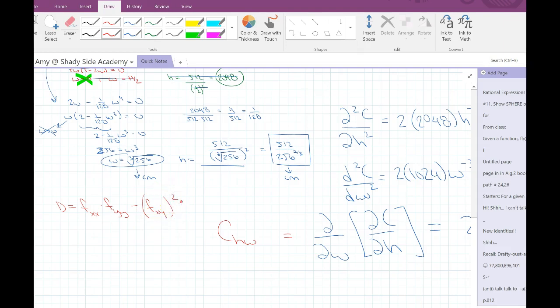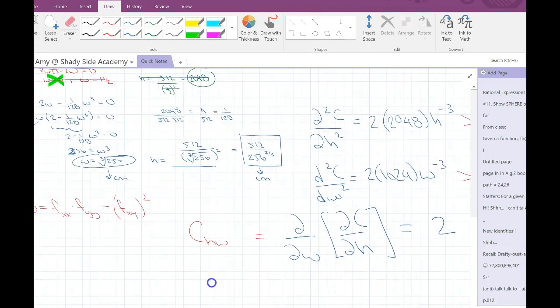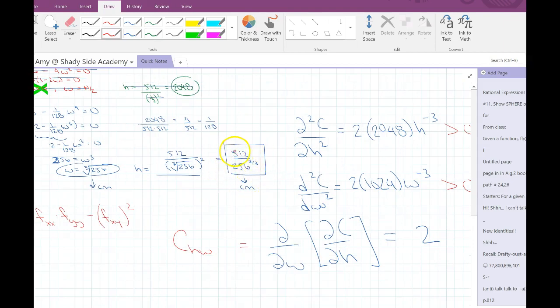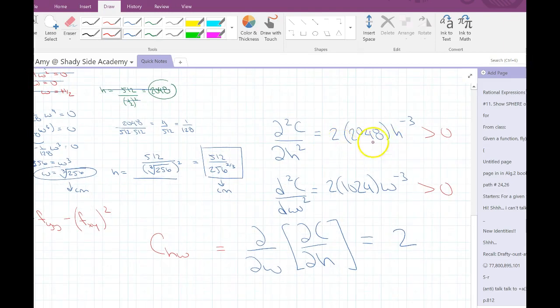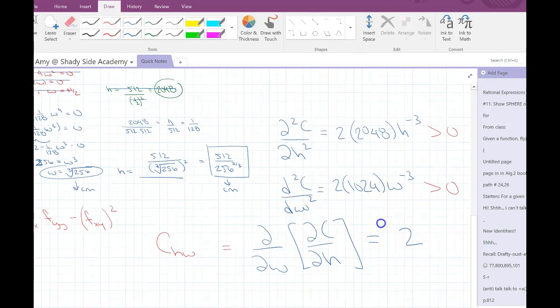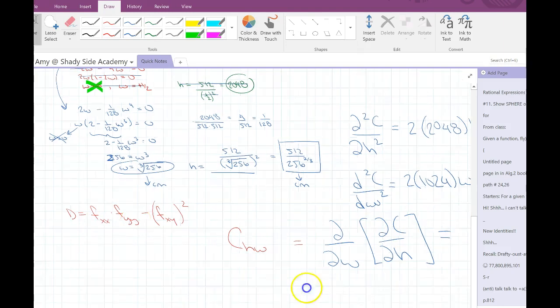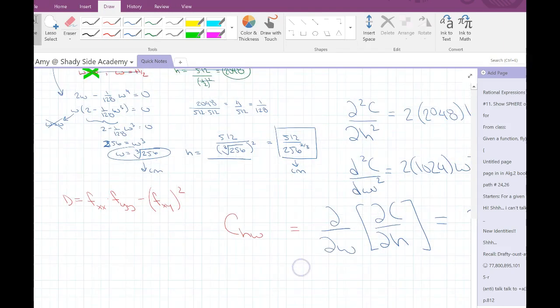If I plug in this value of h into this second derivative and this value of w into this second derivative, and multiply them, and f sub xy squared is just going to equal 4, my numerical hunch is that at the end of the day, D is going to be a positive number.